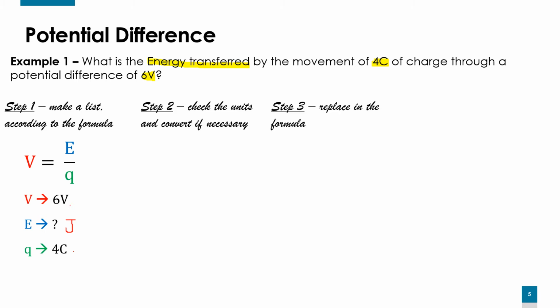Step 3, replace in the formula. So I'm going to write down the formula again and I'm going to replace. So V is 6, E I don't know yet, and charge 4 coulomb.